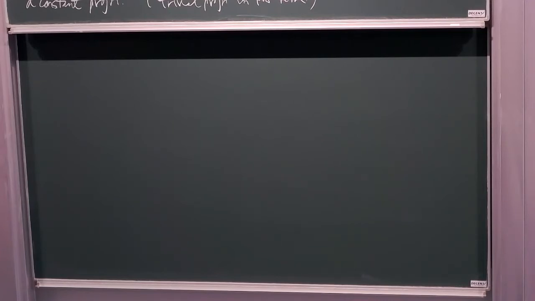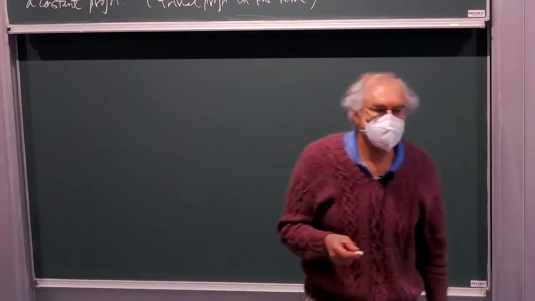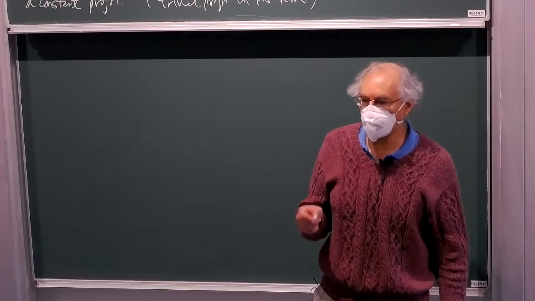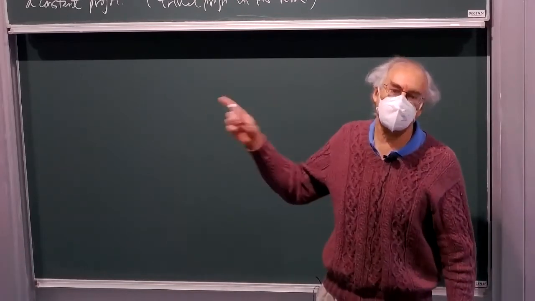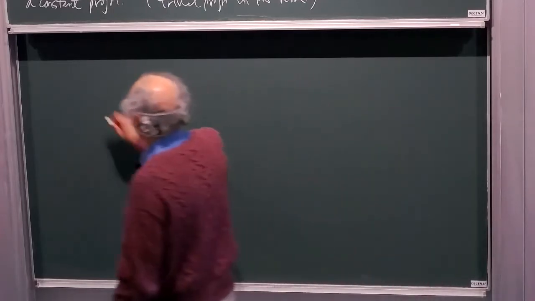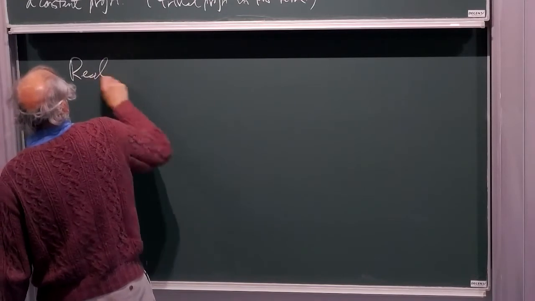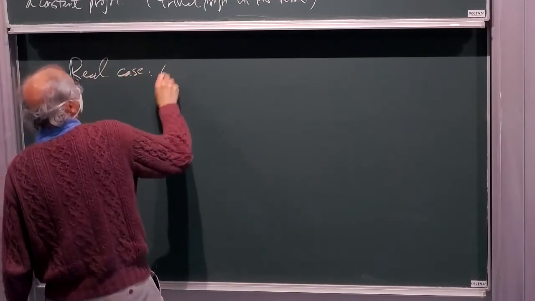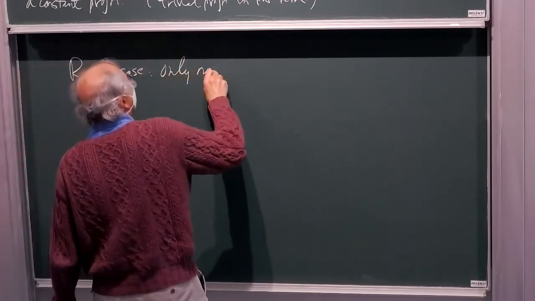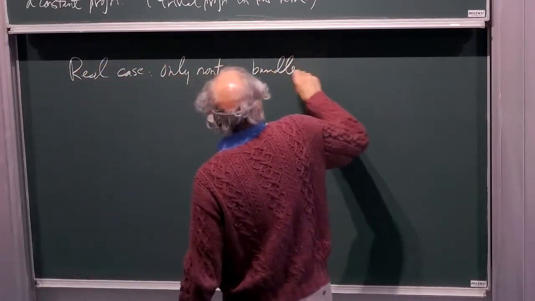Yeah, so there's one which I can draw, but it's over the real numbers rather than the complex numbers. The Möbius strip. So the real case, this is the only non-trivial bundle I can draw.